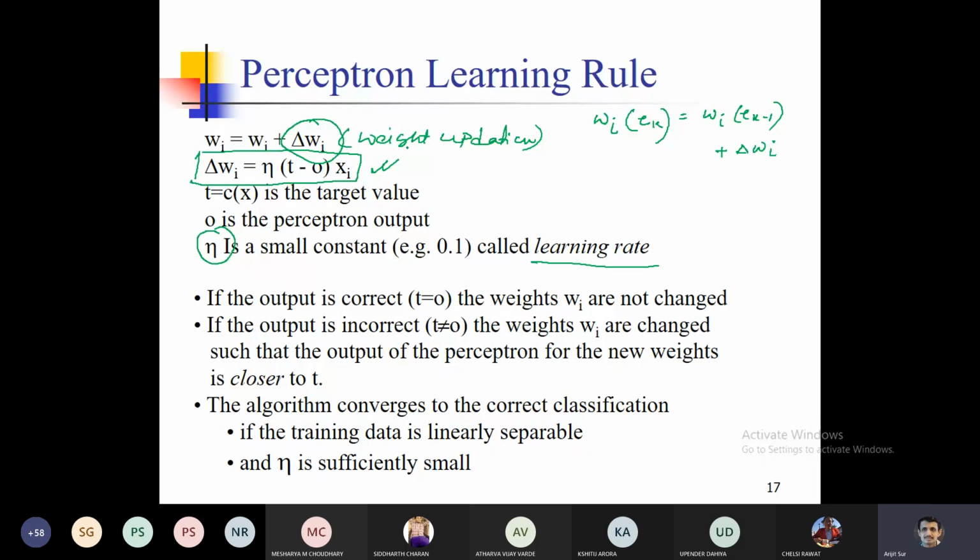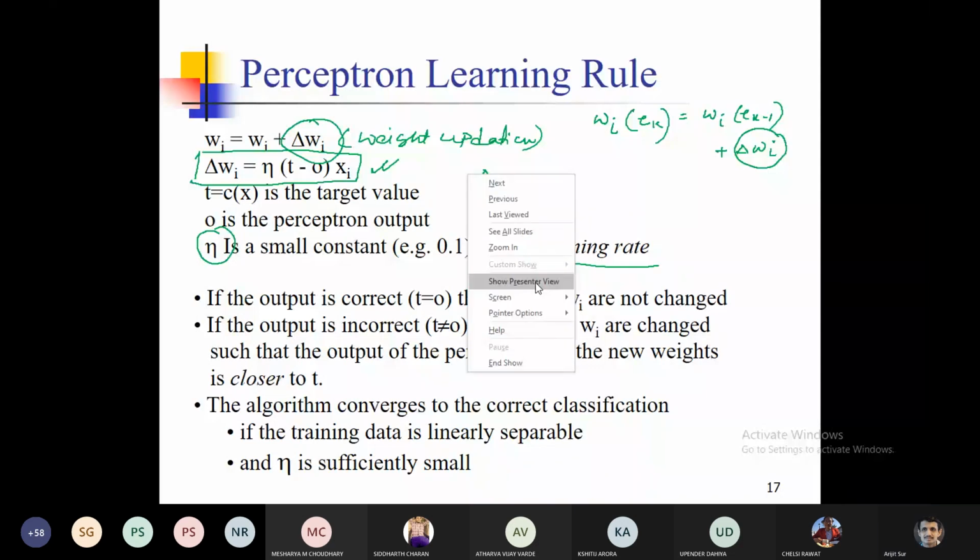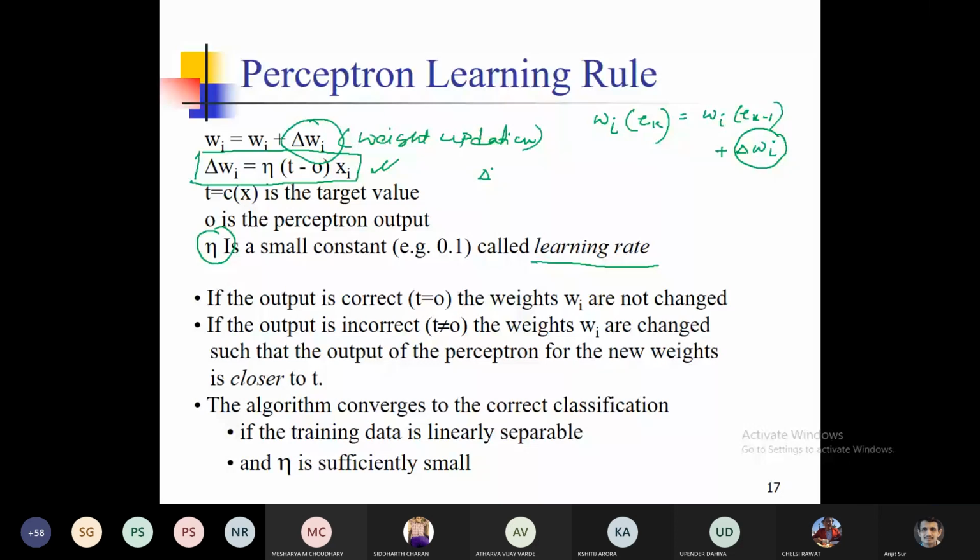Now what is delta Wi? That we have to calculate. Delta Wi is eta times (T minus O) xi.